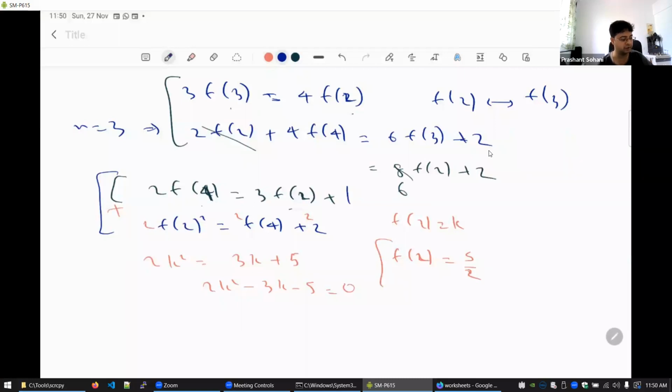So you see how this is really like a detective novel, that we found one clue. f of 2 is 5 by 2. We already knew f of 1 is 2. Can you make a guess what this function could be? Maybe try one more. Now you can find f of 3 also, right?